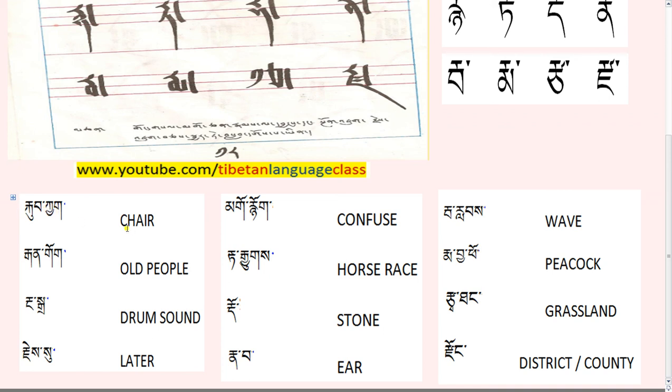Kyak means chair. But if we directly translate it, kup means your bottom, and kyak means to hold it. So basically it's saying butt holder. That's what kup kyak literally means.